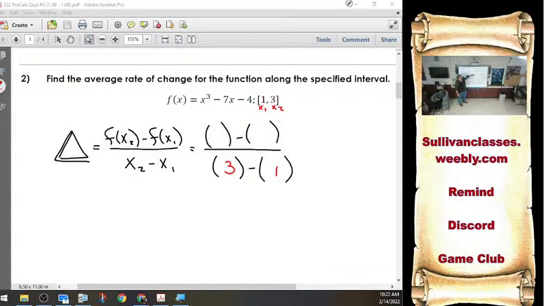Plug a 3 in here. 27 minus 21, 6 minus 4 is 2. 1 cubed is 1, minus 7 is negative 6, minus 4 is negative 10. Getting 12 over 2, getting 6.